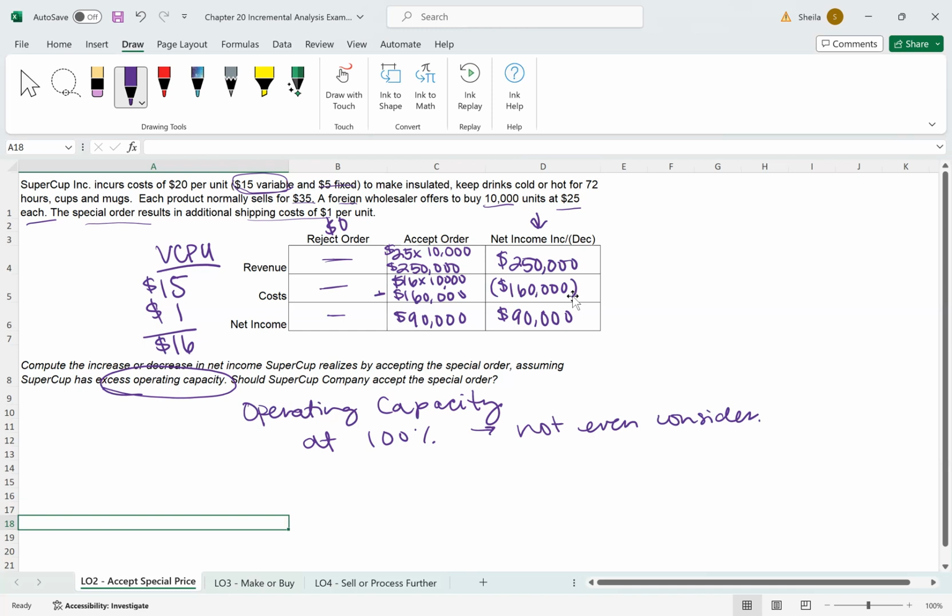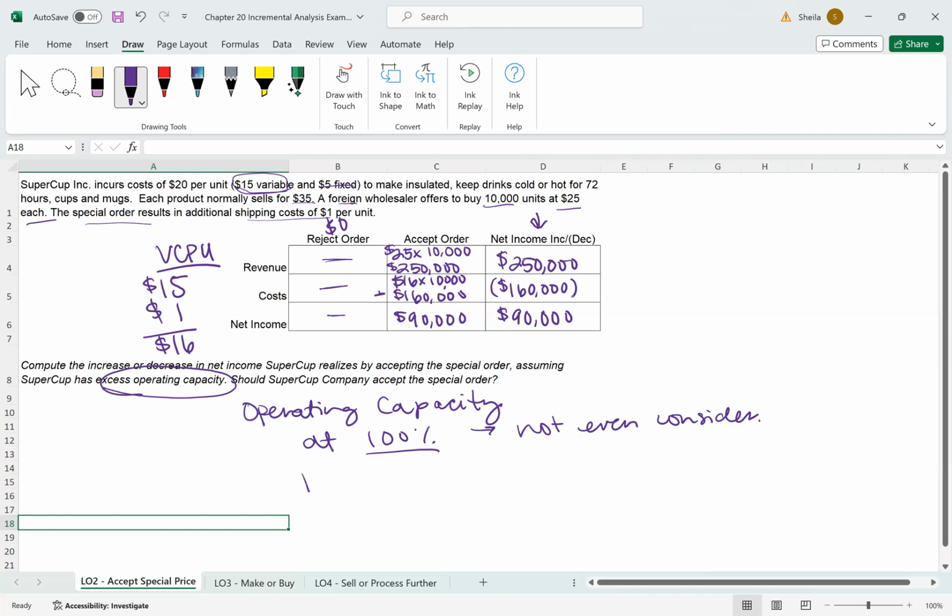Here's where the $35 comes in. Why? Well, because we could generate $10 extra of revenue by avoiding the additional shipping costs in our decision. If we already are using all of our equipment and machinery at 100% of capacity, there's no reason to consider this order.